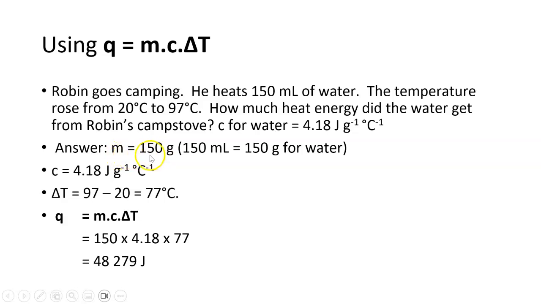The mass is 150 grams because 150 milliliters of water is 150 grams. C is 4.18. Change in temperature is 77 degrees. Q equals MC delta T, 150 times 4.18 times 77, 48,279 joules.